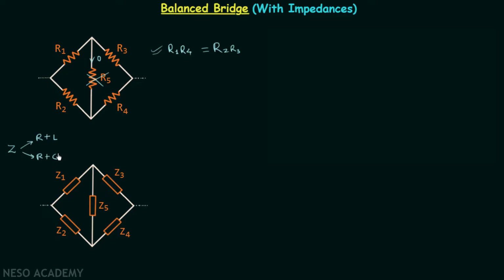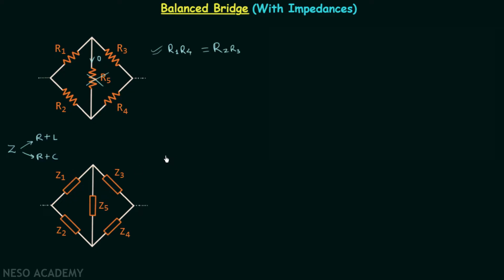And therefore, to generalize the case, we have taken black boxes representing our impedances in the bridge. Z1, Z2, Z3, Z4 and Z5 are the impedances, and we know impedance is a complex number, therefore it will have the magnitude and also the angle.